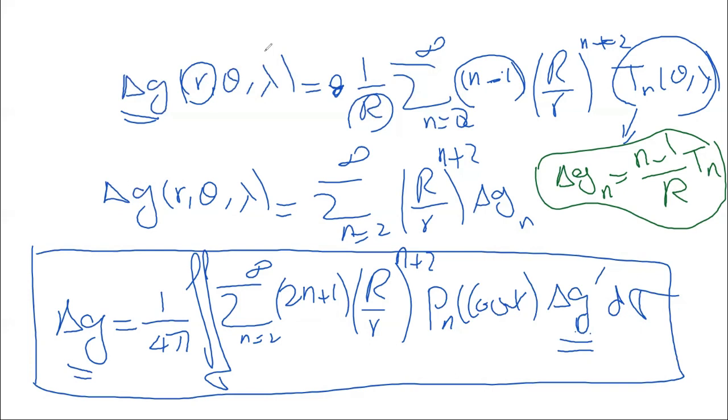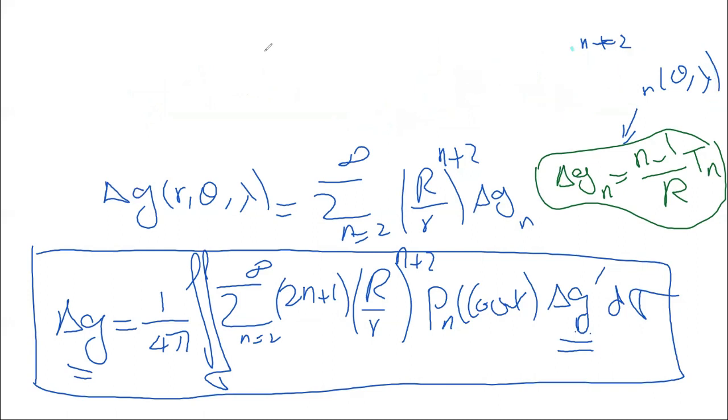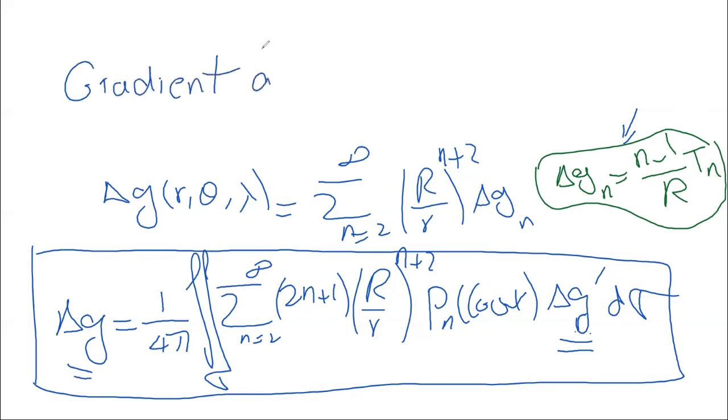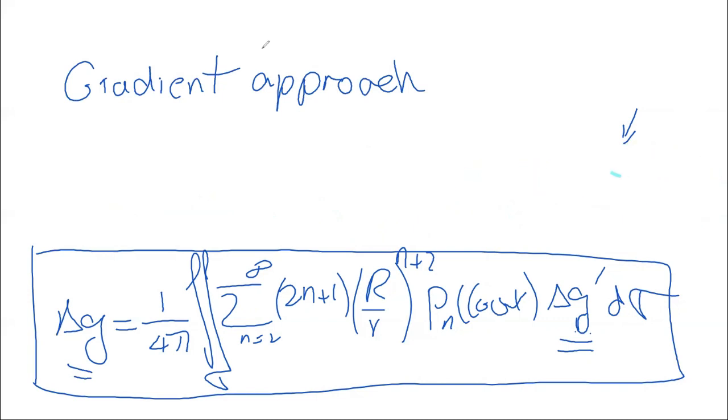So, one way to determine the gravity anomaly at the surface of the boundary from the surface of the Earth is to use the gradient approach. So how can we do that?